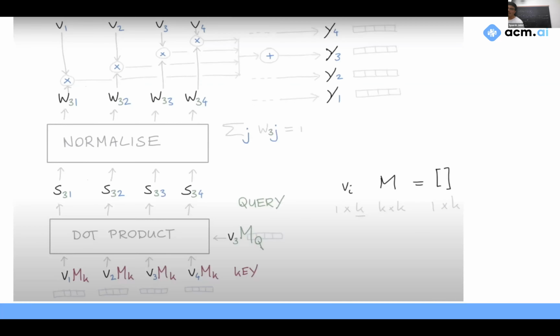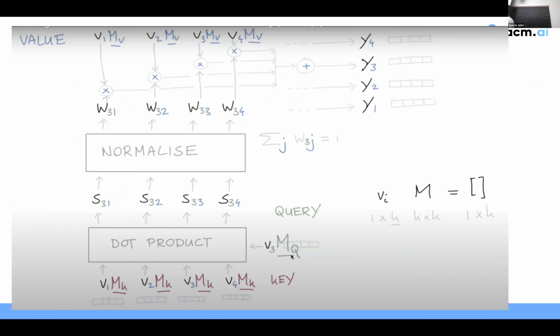But these matrices let you apply them to each of the vectors before dotting, and then when you sum, it allows the network to learn how to combine pairs based off different semantic meaning, if that kind of makes sense. Let's look at the actual math though. This is very hand wavy so far.